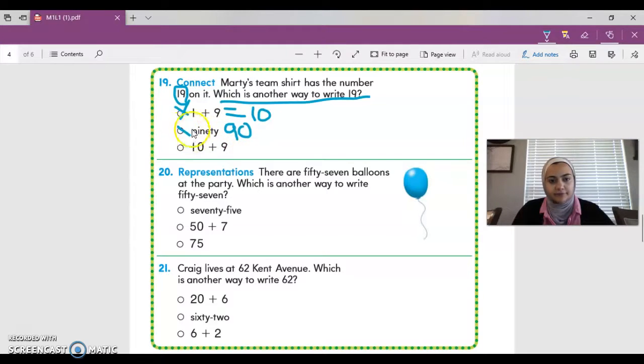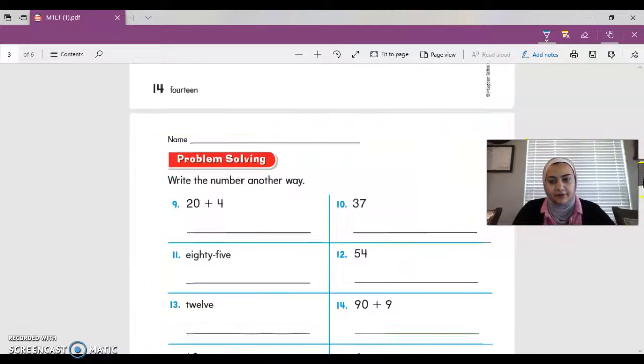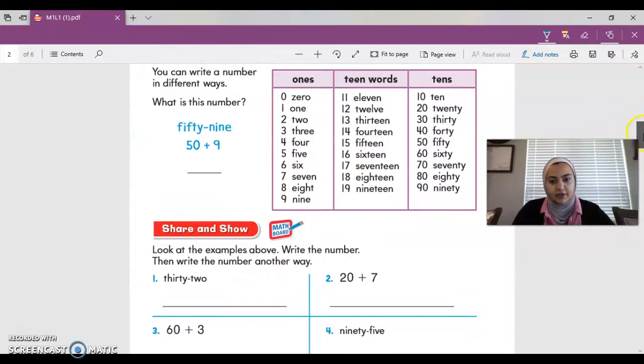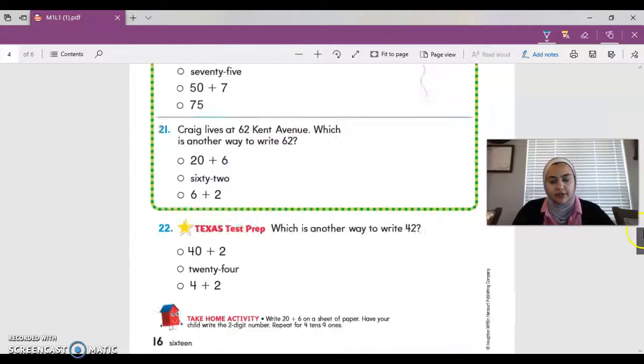So that's wrong. And again, if you're not sure, go back up to the graph that I told you about yesterday. That's the most important graph you'll ever have. 90, N-I-N-E-T-Y, is right there. No, that's not it. 19 would be written like this: N-I-N-E-T-E-E-N. So you can always go back and check.